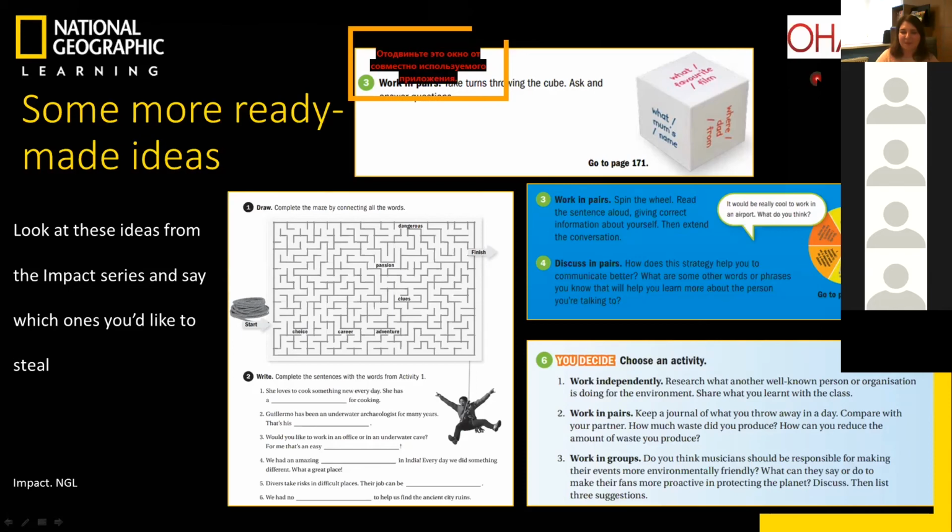Okay, good. Is there anything you would like to steal? A ready-made activity? Okay, not yet.